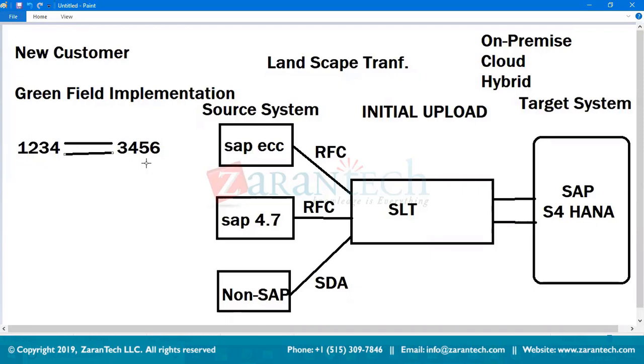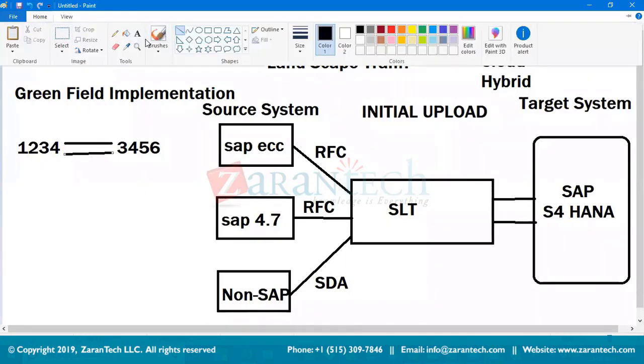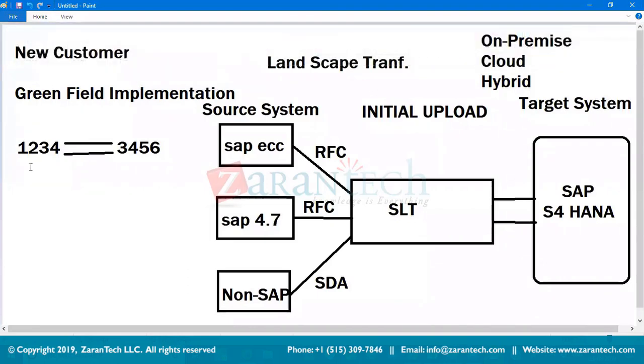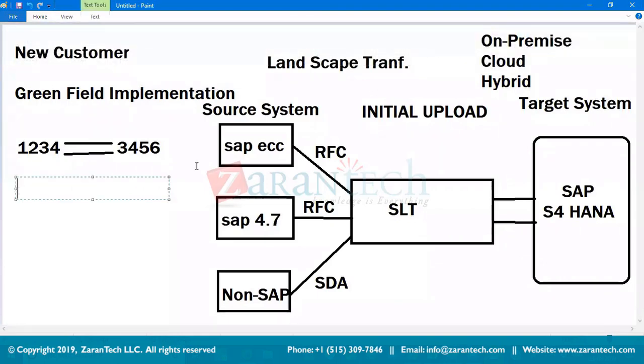Once I complete the mapping of the fields in the SLT between the three source systems, I'll start doing the replication. Posting is nothing but the transaction. For example, I'm posting one transaction in SAP ECC, a vendor invoice or something like that. What is happening?